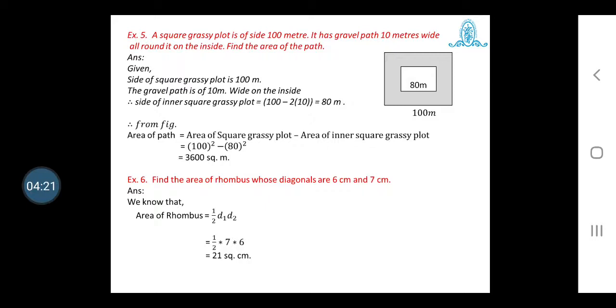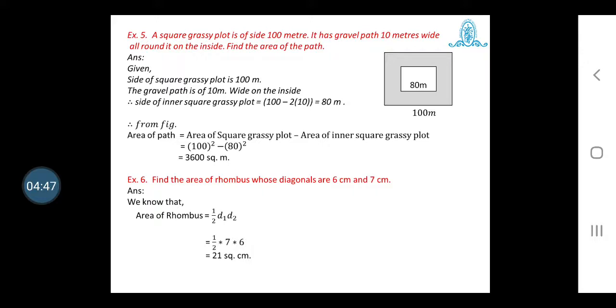That means in left side as well as right side both having the path of 10 meter. So, what is the side of this inner grassy plot? Therefore, the side of this inner grassy plot is 100 minus 10 plus 10, which is 20. So, which is equal to 80 meter.